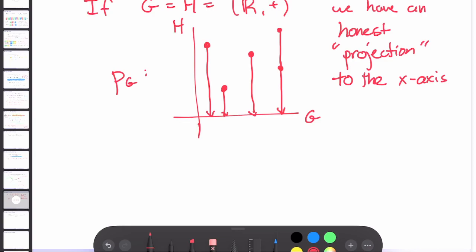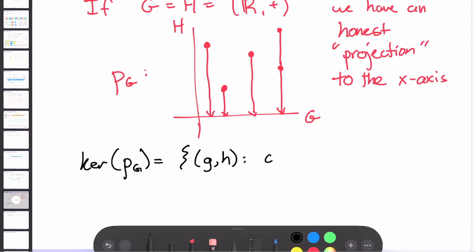And if we think about what the kernel of P is, the kernel of P is all elements in G cross H such that g is equal to the identity element, right? Because that's what you get when you apply P_G. You just forget about H. And so this is, if we want to be careful, we'd write 1 cross H, but it's clearly H, right?